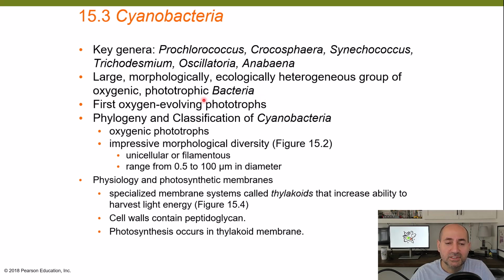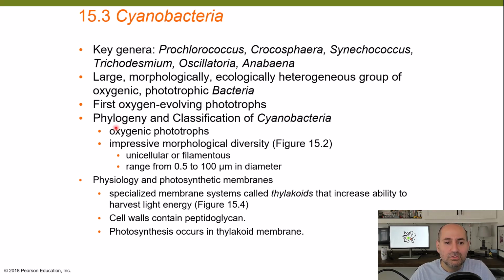Remember, phototrophic means they get their energy from sunlight. And this is one of those groups of microorganisms that's very important to life on Earth because they produce oxygen for us to breathe, right? And they are a huge contributor to oxygen production on Earth.